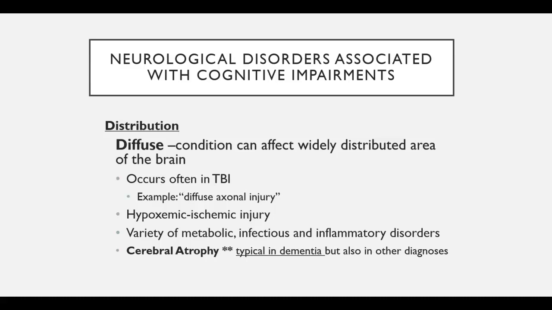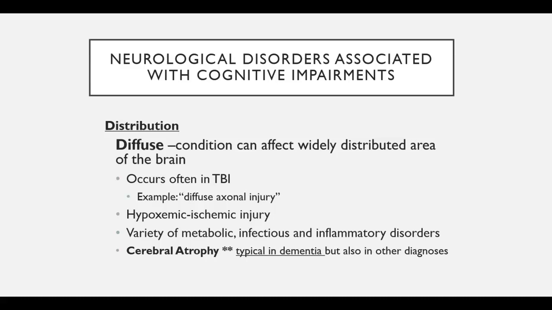Any variety of different types of diseases or disorders that might affect the brain, like meningitis, for example, encephalitis. So where there's an infection to the brain would result in diffuse damage. And cerebral atrophy is something that we typically see in dementia.